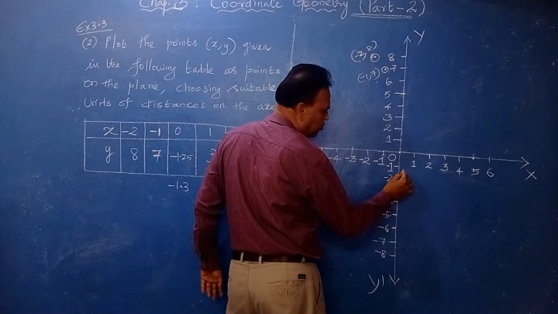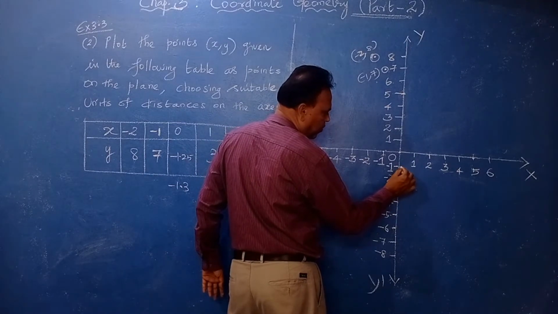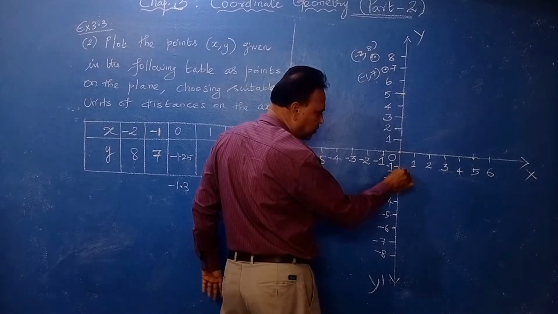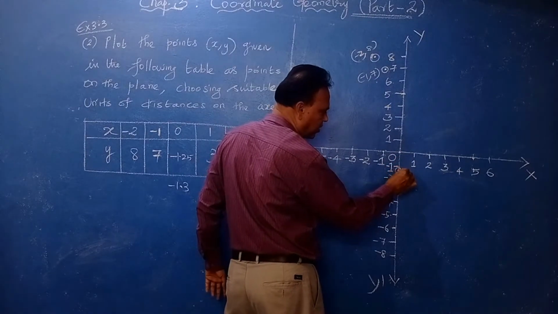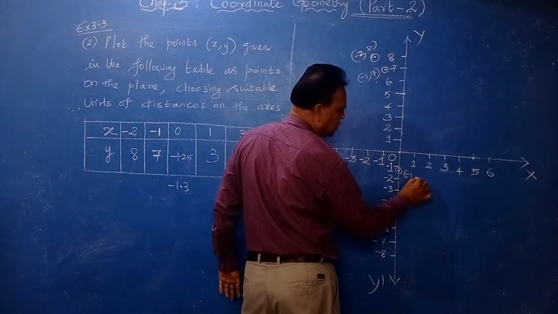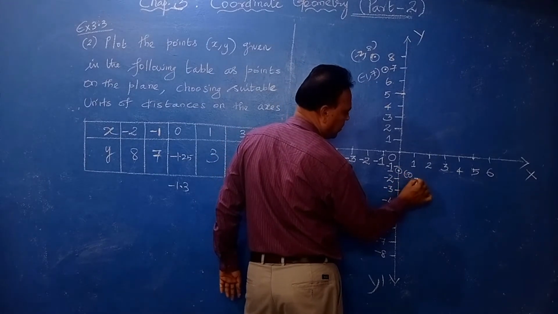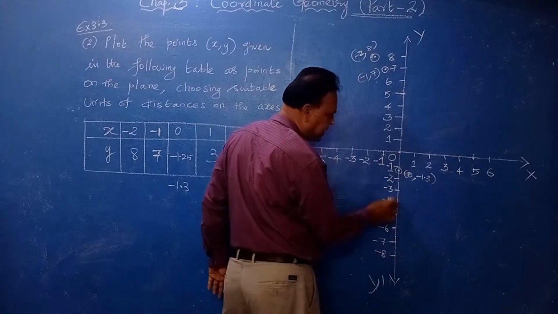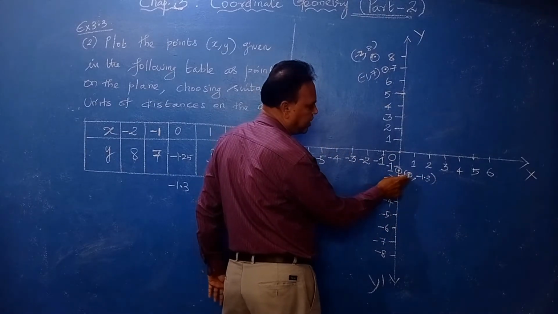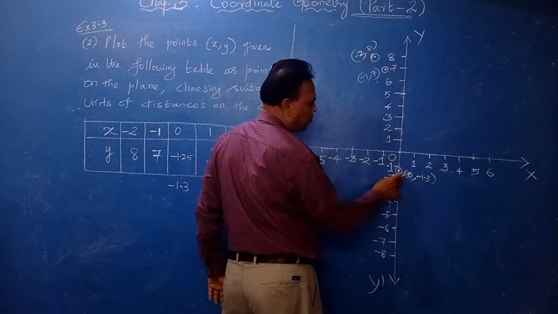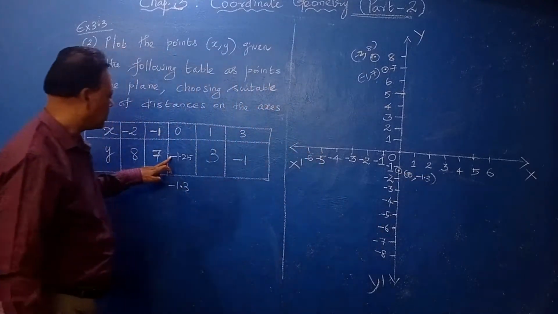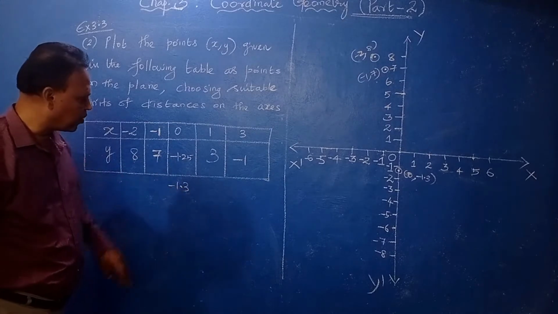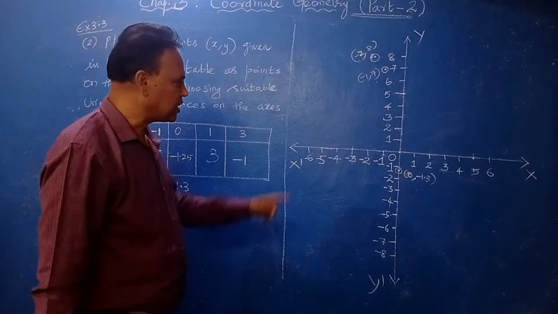Here you have 10 small divisions, so you take it 1 to third one. Okay, x is 0, y is minus 1.3. So the point lies on the y axis. So x coordinate 0, then minus 1.3. You take minus 1.25 as minus 1.3.